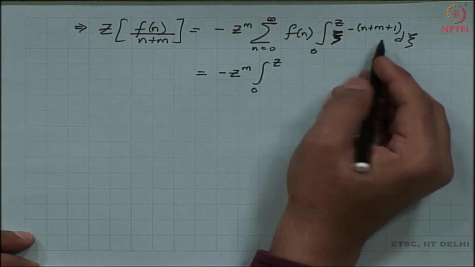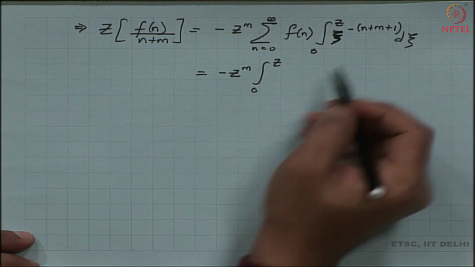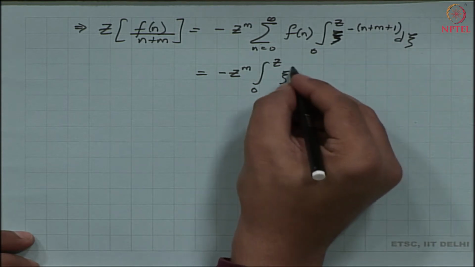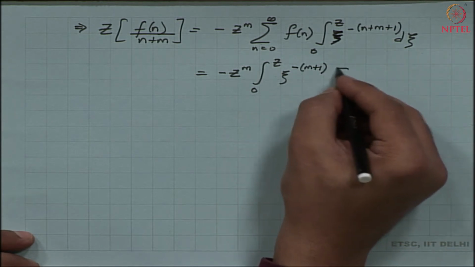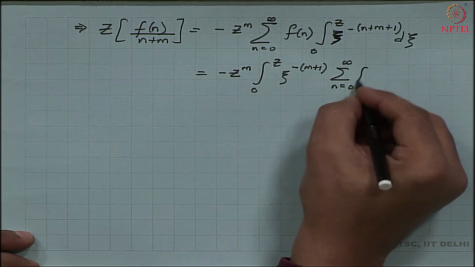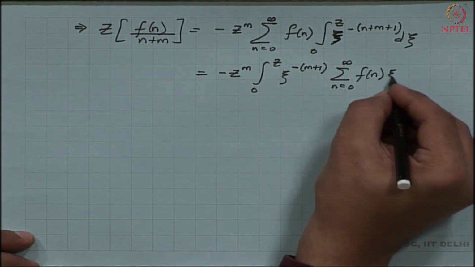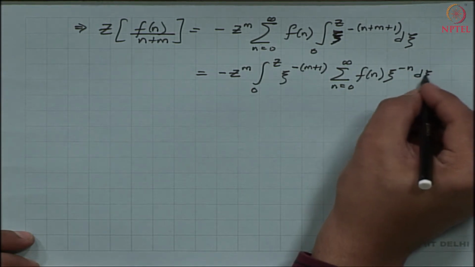Let me also take out this factor, chi to the power minus m plus 1, times the summation n from 0 to infinity f of n times the factor chi to the power minus n d chi.